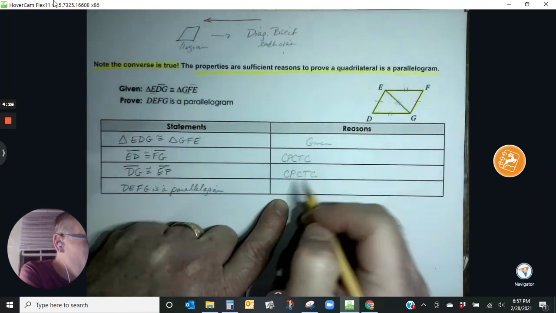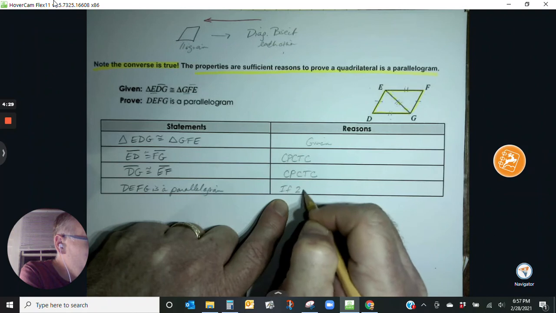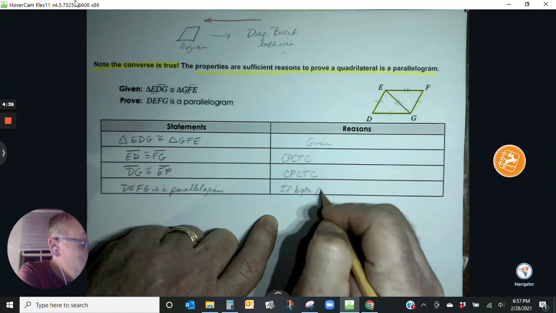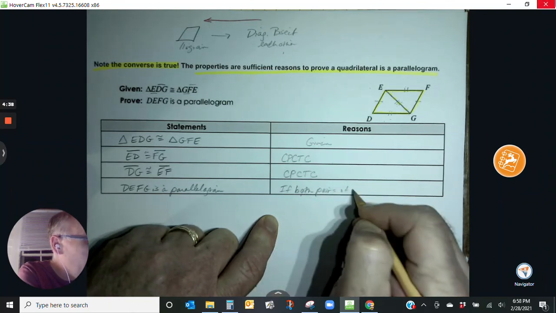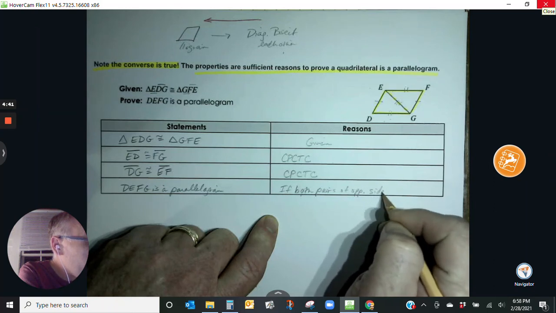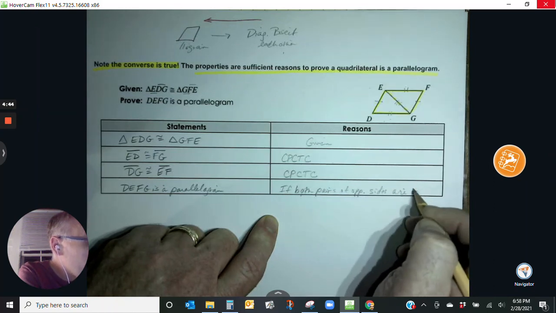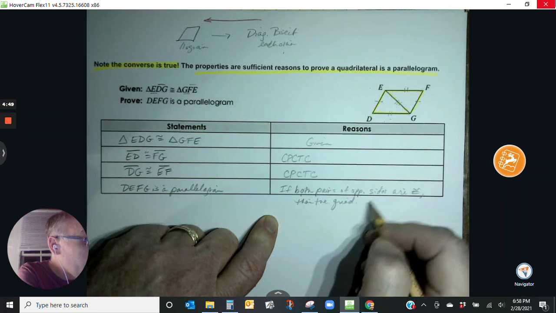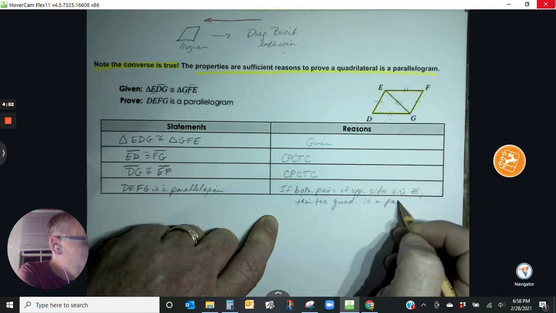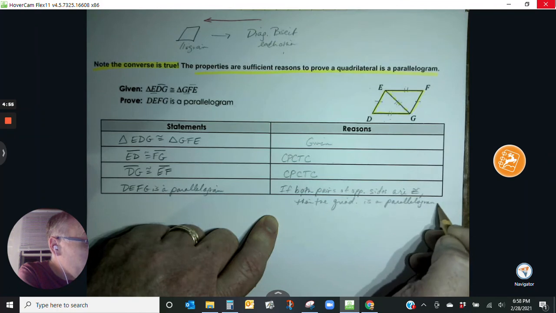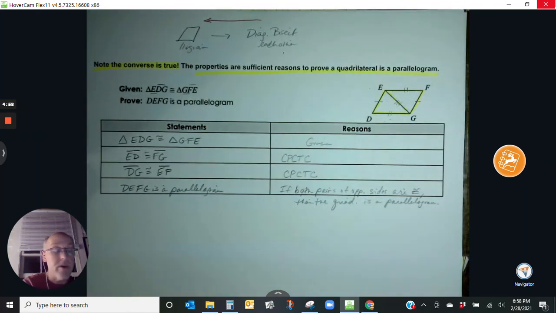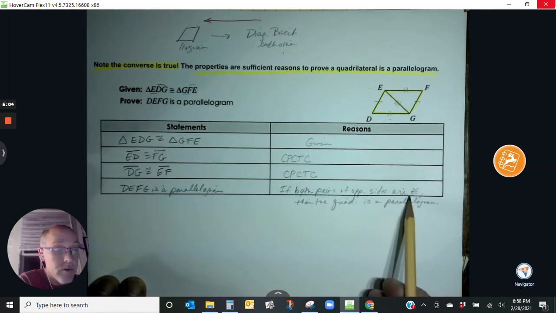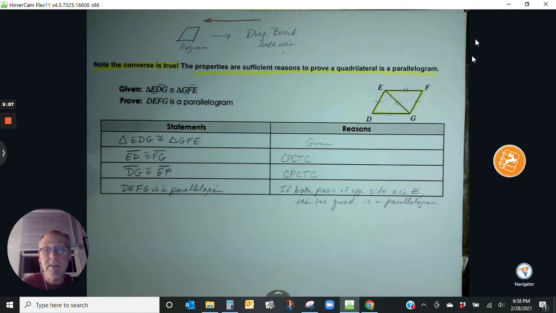Because if both pairs of opposite sides are congruent, then the quadrilateral is a parallelogram. So basically stating the property in reverse. The property is if it's a parallelogram, then both pairs of opposite sides are congruent. And now we're using it in reverse. And there's the proof.